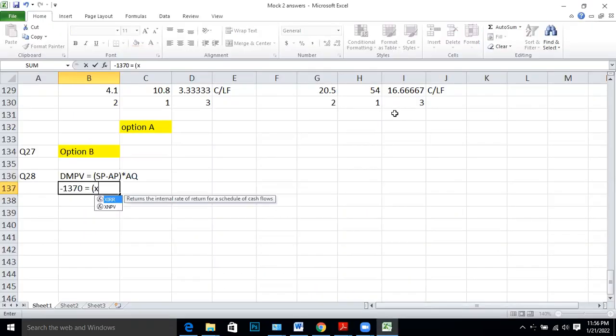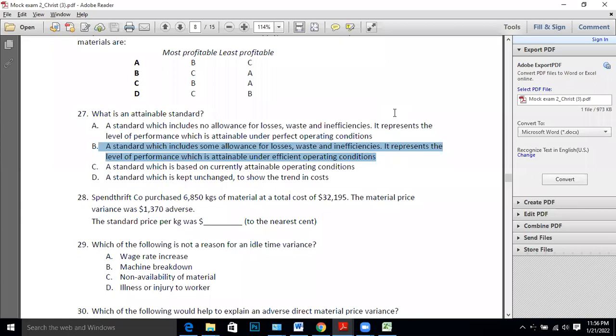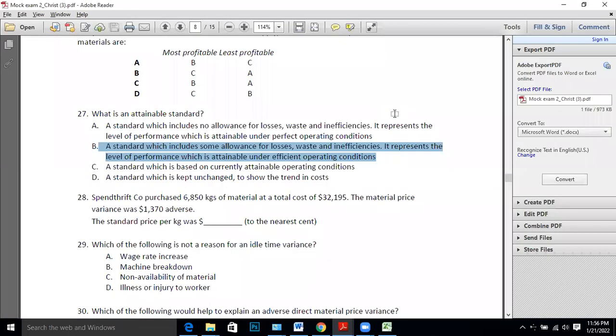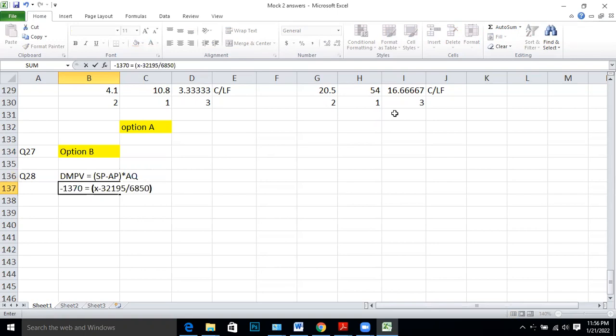Standard price is what they're asking, minus actual price 32,195 divided by 6,850, into 6,850. So divide this by 6,850: 1,370 divided by 6,850. On this side you get minus 0.2.